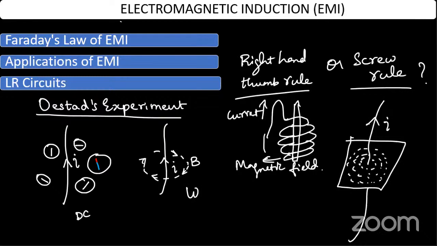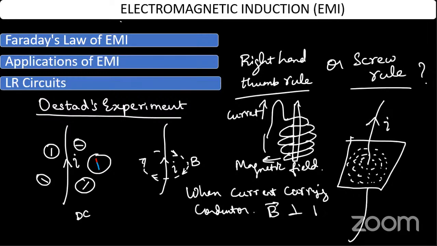He stated that when a current carrying conductor is present, there exists a magnetic field B perpendicular to the direction of current.